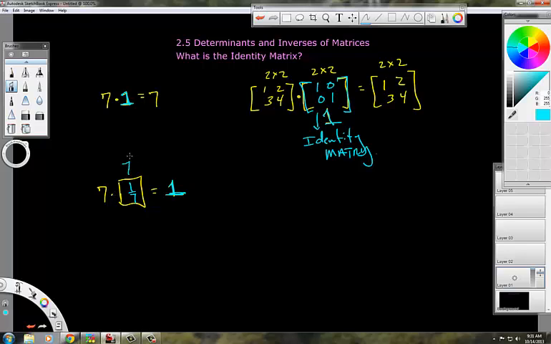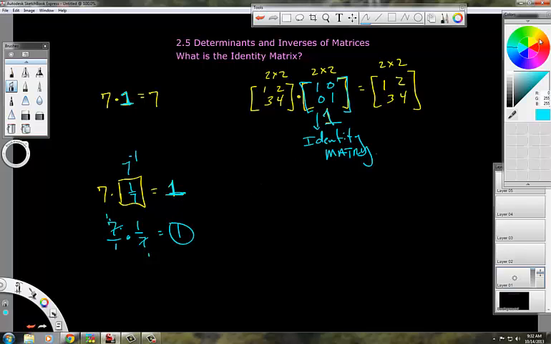Or that's also 7 to the negative 1. You learned that in algebra 2. 7 times 7 to the negative 1 equals positive 1. Because we know that 7 over 1 times 1/7, these things cancel just by pre-algebra, and you get the number 1. So 7 times the reciprocal of 7 equals 1.